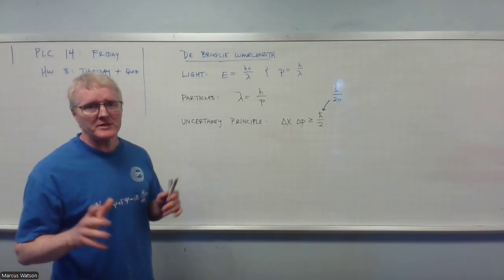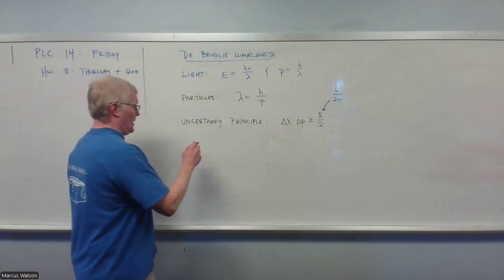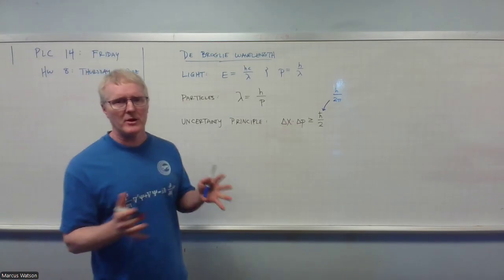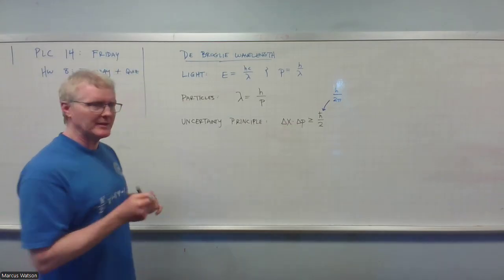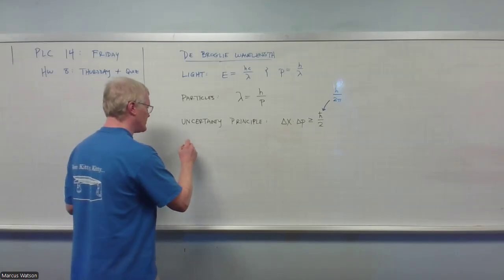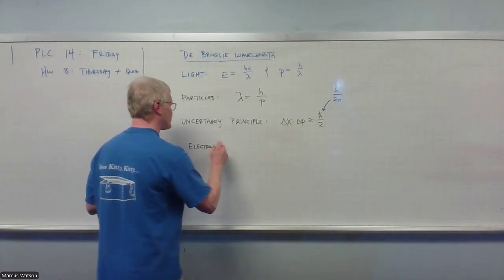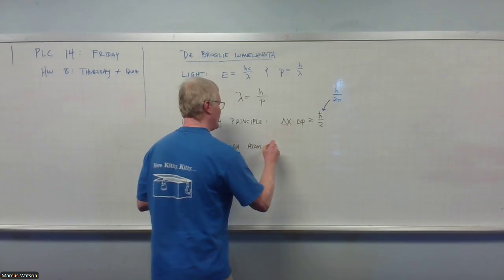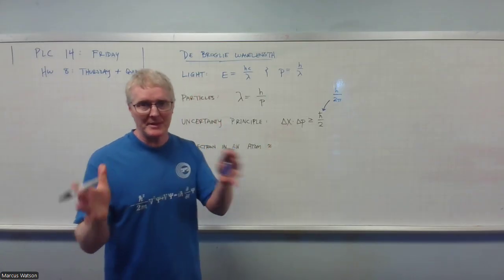So I just want to revisit those real quick and talk quickly about what this means, because I made a step in there that I was a little bit rushed on, so I just want to expand a little bit on that. So let's go back to the one where we did the electron confined within an atom. And so it's confined within a distance of about 1 nanometer, right?